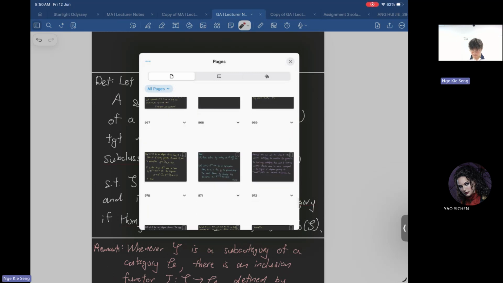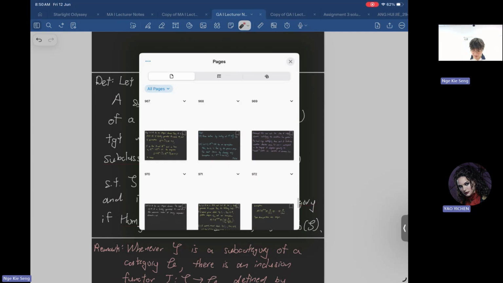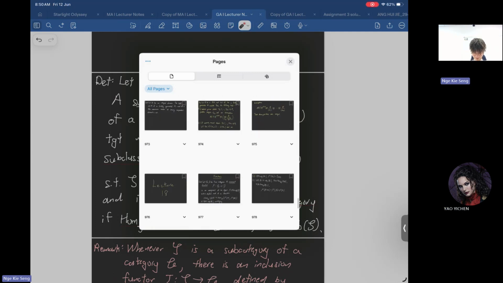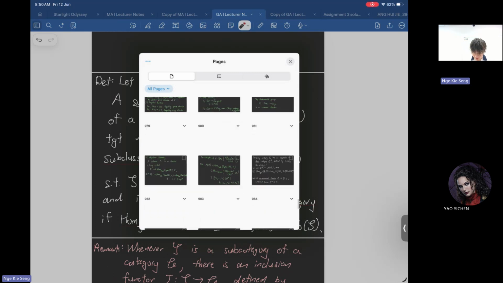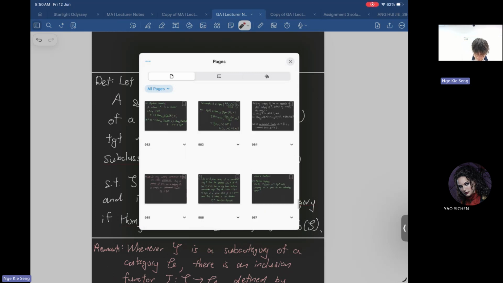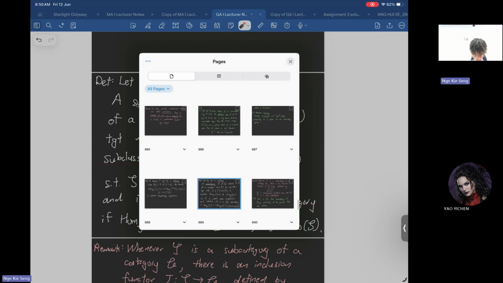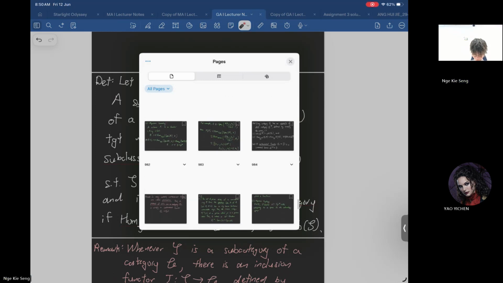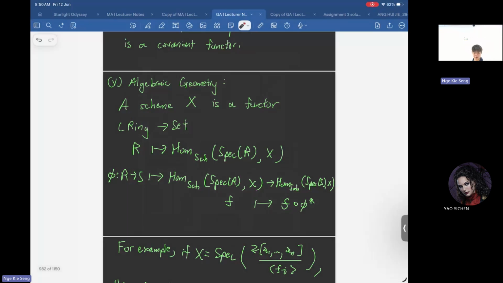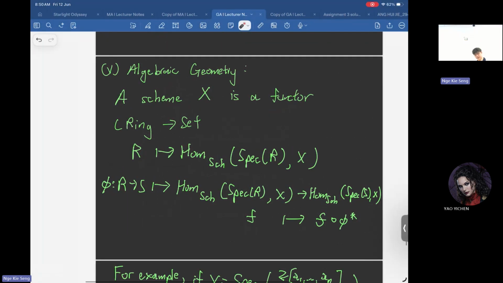Okay, so what's the functor like? What's the source or target category that you care about? But then for our case last time, right, we care about commutative ring to a set.